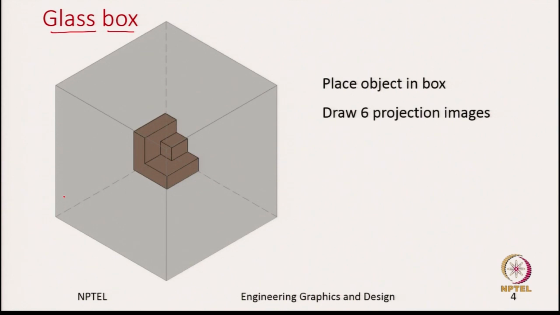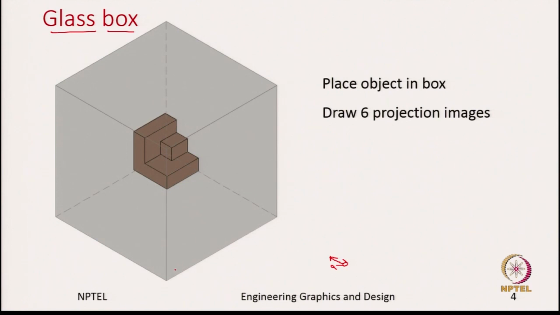So, for that first we need to look at where the observer is looking. So, let us say for the front view we said this is direction A, right. Which means the observer is looking from here, and then we said that the projection plane lies between the object and the observer.